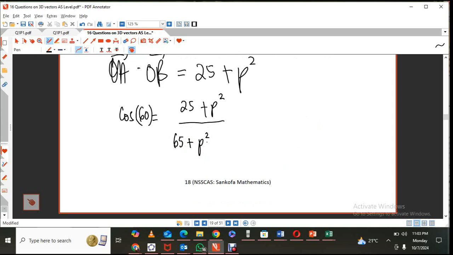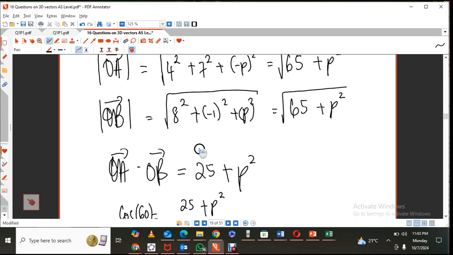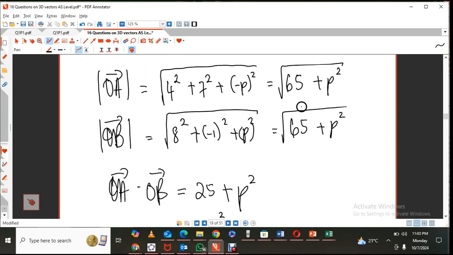Now here's the thing, if I multiply these two together, the square root disappears. It's the same as saying square root of a times square root of a, which is just going to be a.